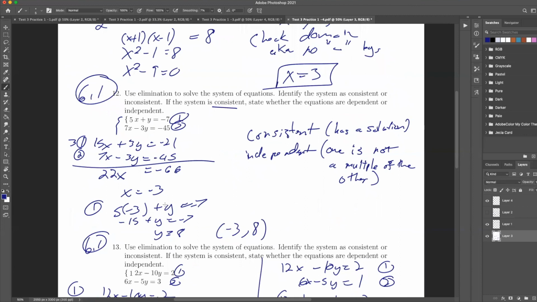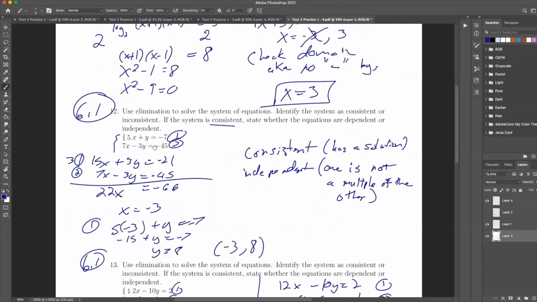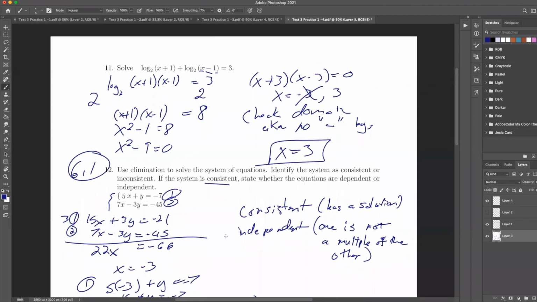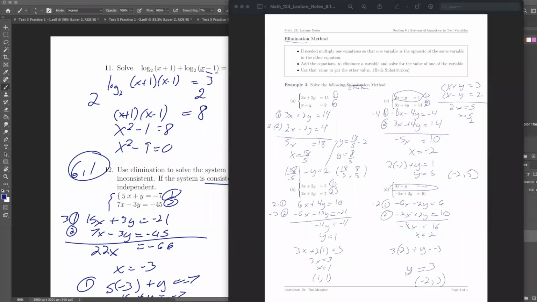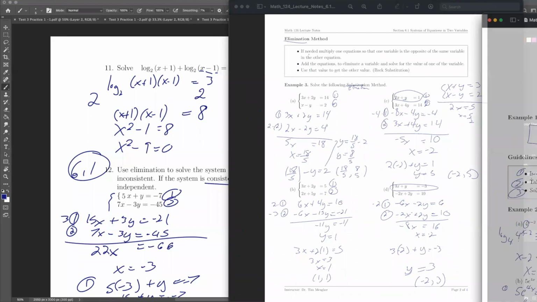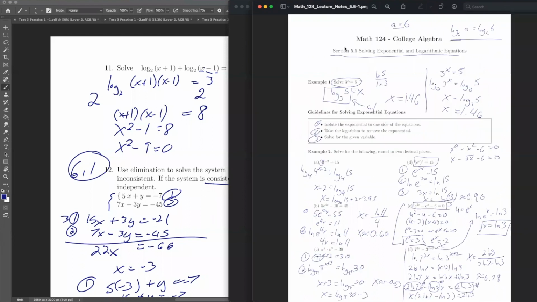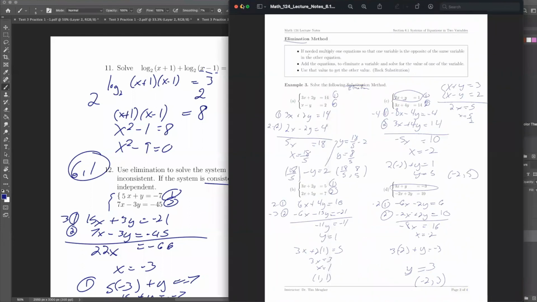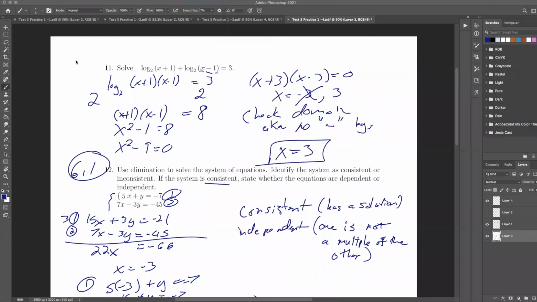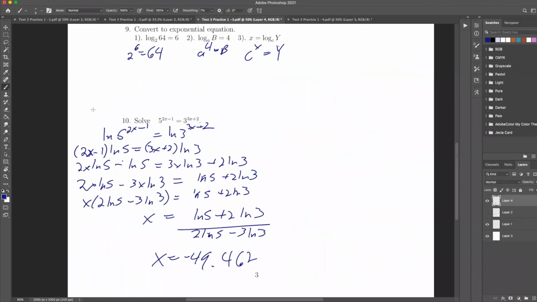So 12 and 13 come from 6.1. 11 is, I think, 5.5. All right, so 5.5 is where we do the exponential and log equations. So 11 here is 5.5. And 10 here is 5.5.